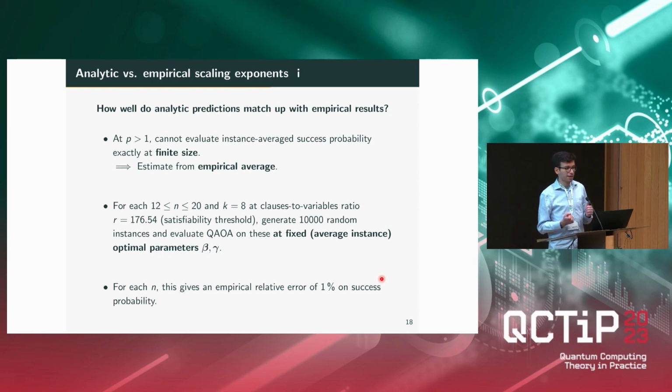Concretely, what this means is that if we work with 8SAT at satisfiability threshold, which is approximately 175, we generate 10,000 instances for each instance size ranging from 12 to 20, and we evaluate QAOA on this set of instances at fixed angles and average the success probability on all of these. So this gives you empirical estimates of the average instance success probabilities, and with these parameters, they're within 1% relative error. So we're quite confident about these values.